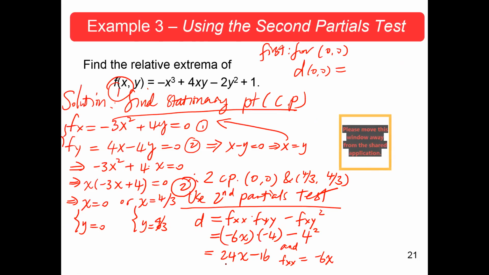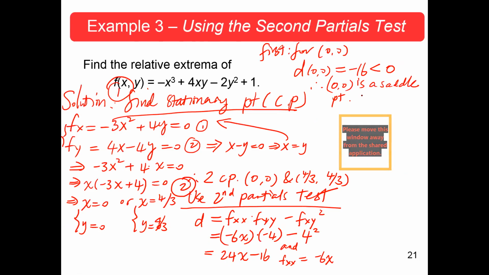What do we have? Negative 16. This is actually a negative number. What does that tell us? It's a saddle point. Yes, so 0, 0 is a saddle point.